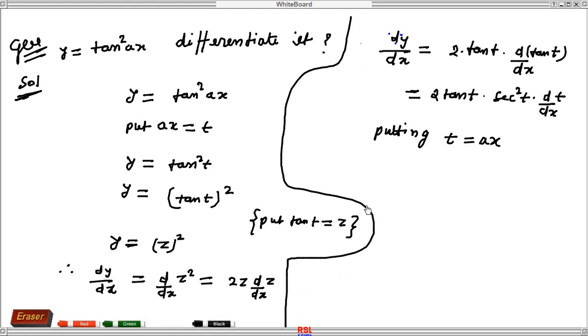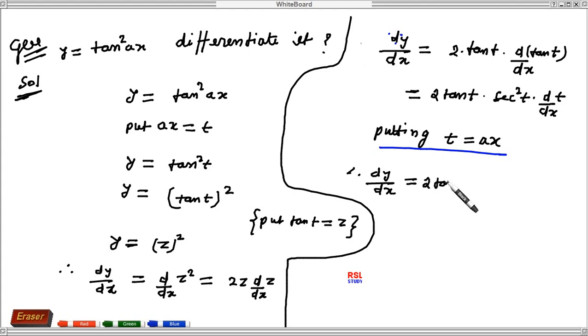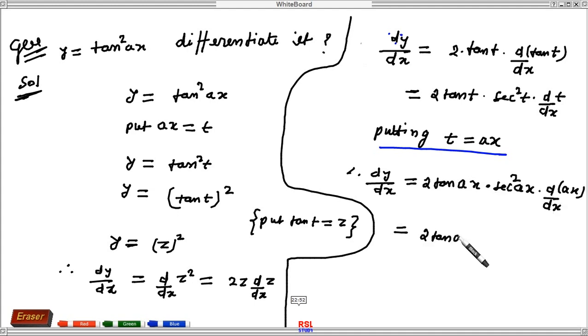Finally our answer should become in terms of x, because the question is in terms of x. So putting t equal to ax, that will be 2 tan ax into sec square ax into d/dx of ax.